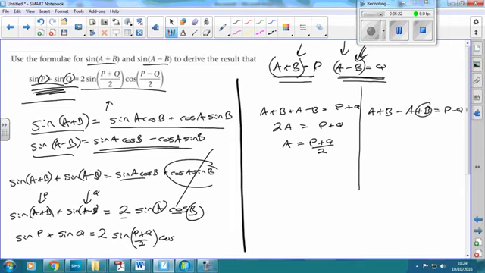So if we simplify that, a minus a goes, b plus b is 2b, so 2b equals p minus q, so b equals (p minus q) over 2. Then go back to this one here: instead of cos b, we're going to have cos (p minus q) over 2. So that's a proof that you can just read through and then learn, and then be able to replicate in case they ask you in any exam. Again, pause it, rewind that bit, go over it a couple of times, and make sure you've got it down in your notes.